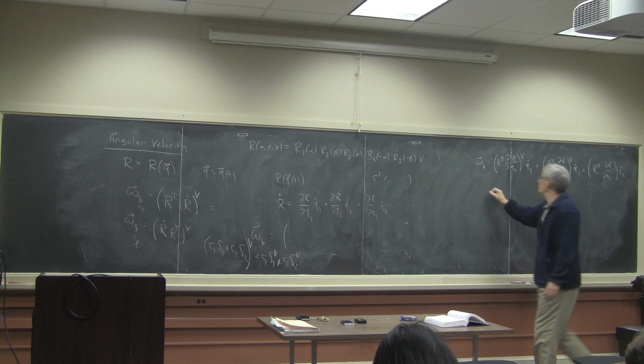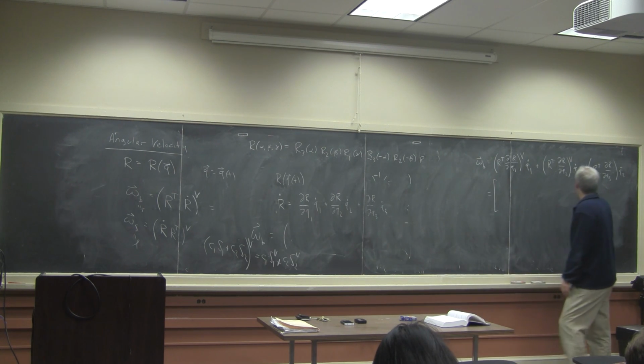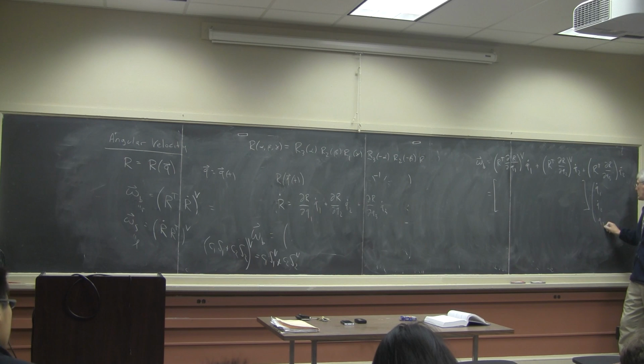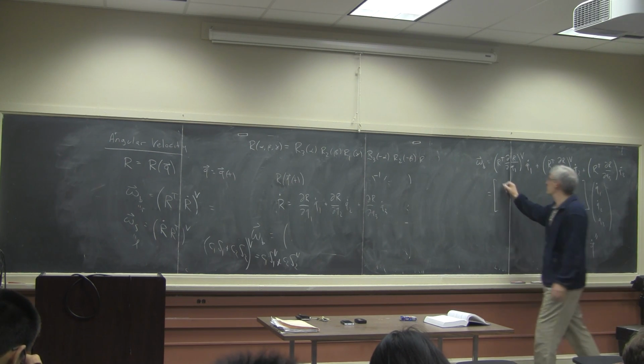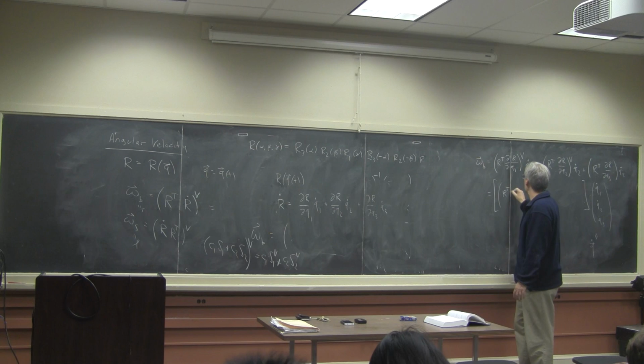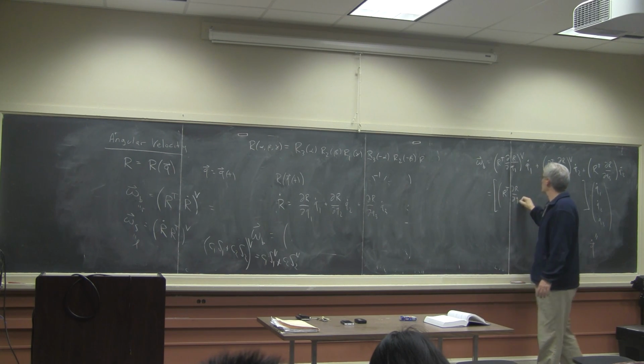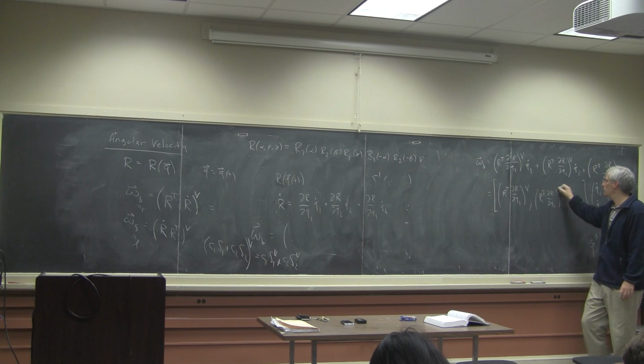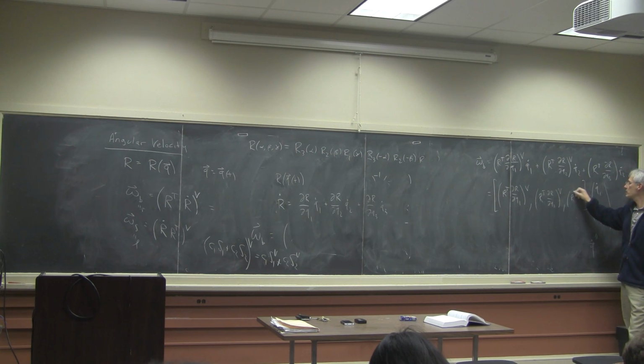And this whole thing can be written in a matrix form where I pull out the Q1 dot, Q2 dot, and Q3 dot and put them in a column vector, and I'll call that Q dot. And then the columns of this matrix are R transpose partial R partial Q1, R transpose partial R partial Q2, R transpose partial R partial Q3.